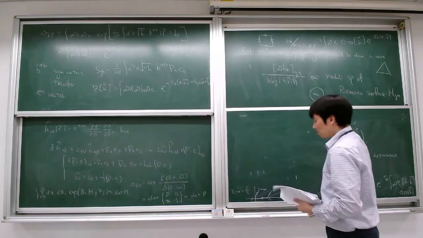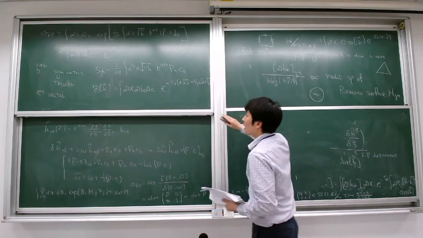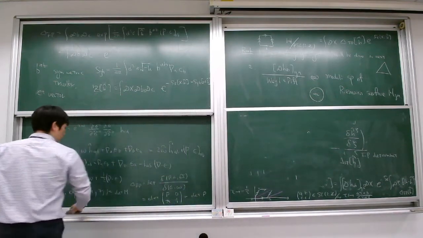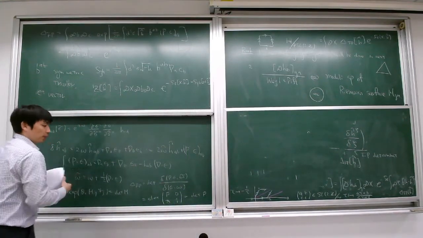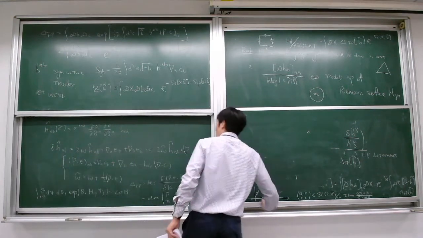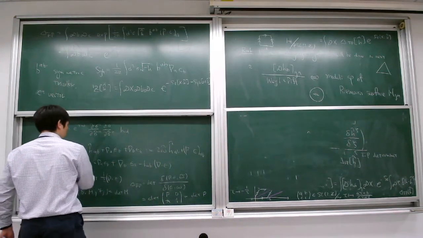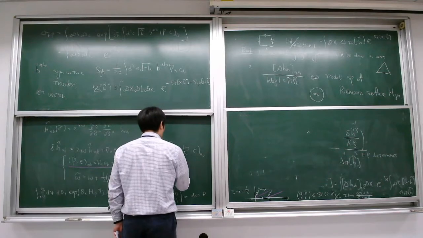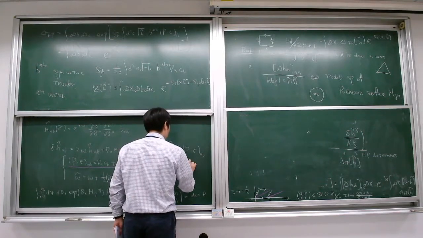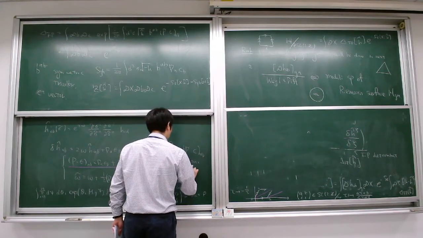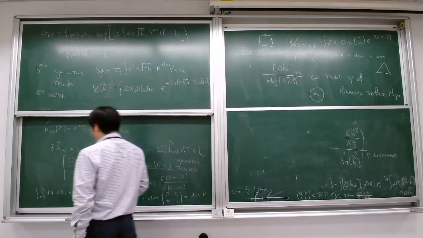I think I missed some remark about why this is symmetric traceless. Indeed, the reason why I bring this into this form is that this is also symmetric traceless. This is symmetric. Symmetric traceless.